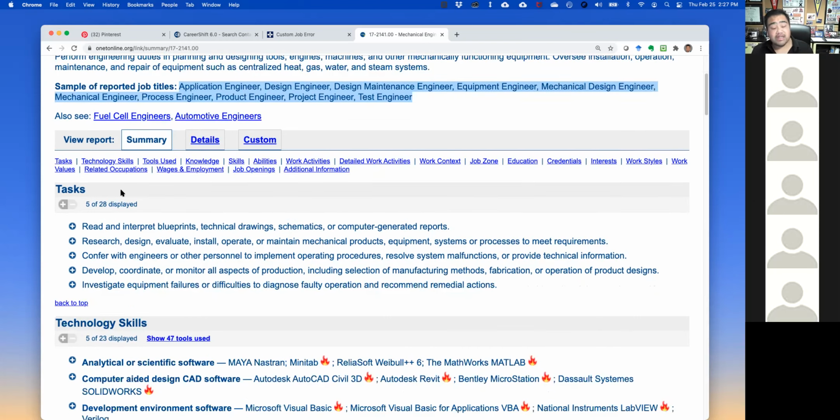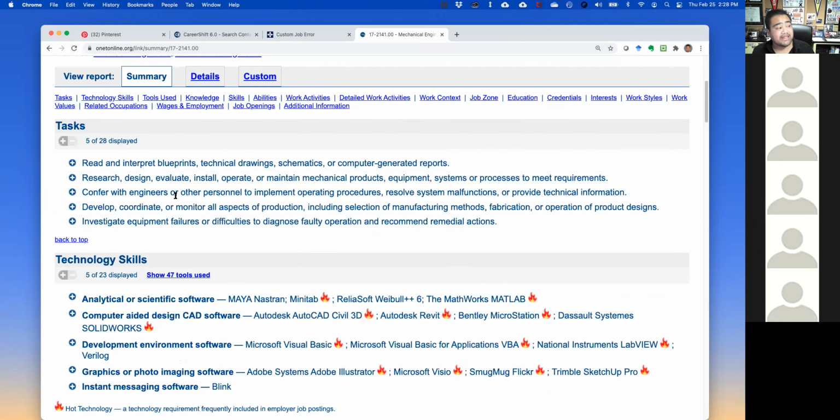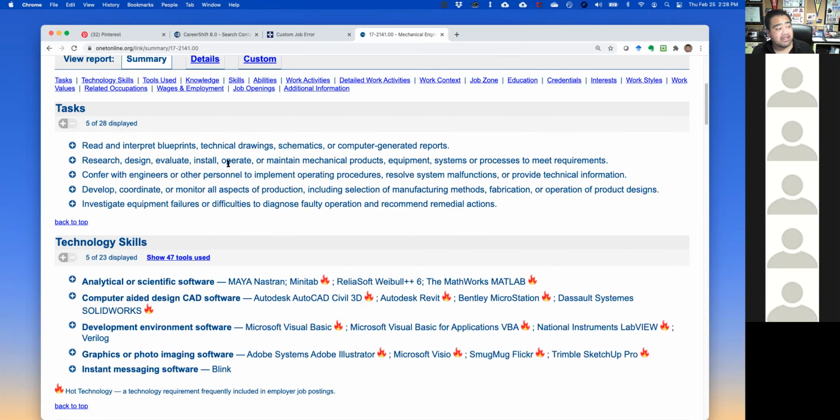Here you also see a series of links, and I'll walk through them with you. First one is tasks. When we think about the major tasks that mechanical engineers perform and complete while on the job, these are the popular ones.